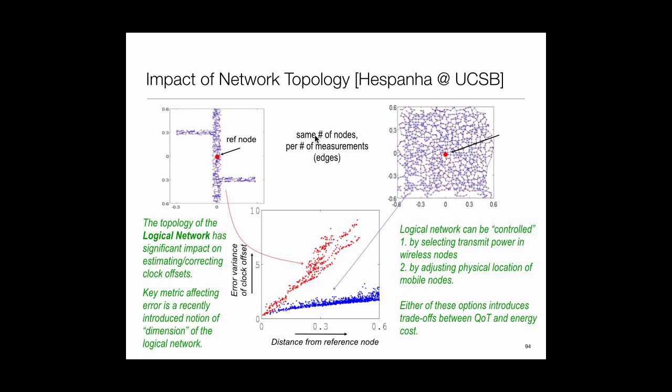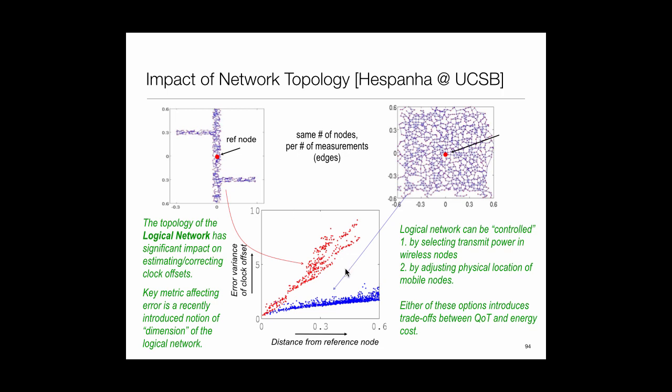You basically have the same number of nodes and the same number of measurements per edge. These two networks have the same property in that regard, but this is a more random-looking topology, and this is a more lower-dimensional topology, if you may. What they showed is that the performance characteristics would be very different as you scale, as you look at a node and how far away it is from the anchor node, the reference node.